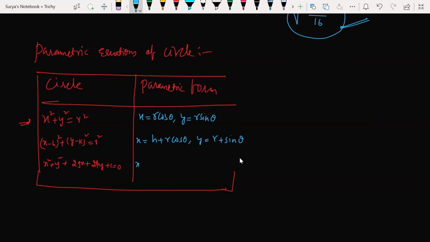Same thing everywhere. X is equal to minus g plus r cos theta and y coordinate is minus f plus r sin theta.